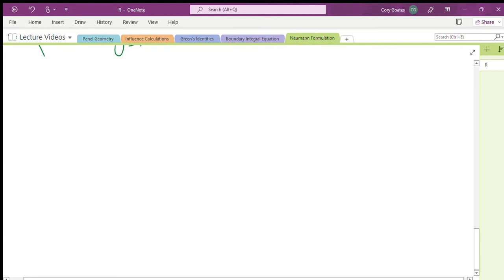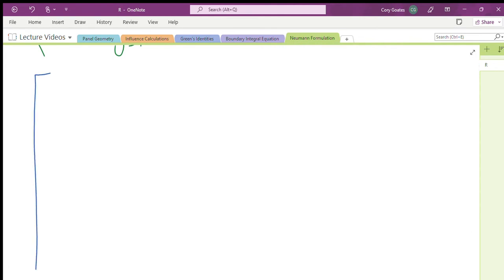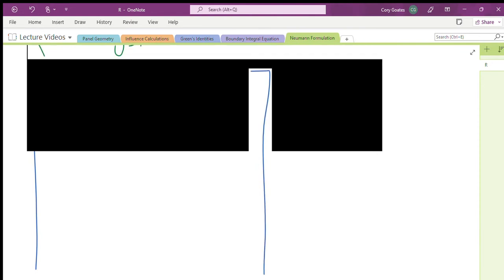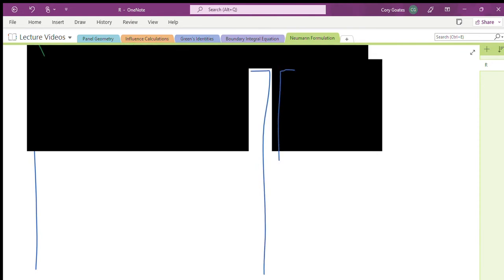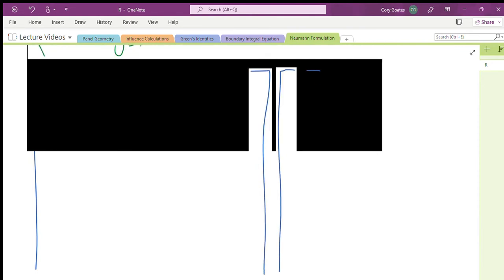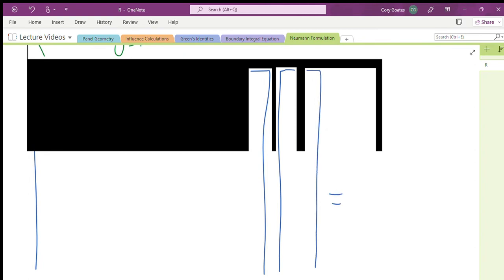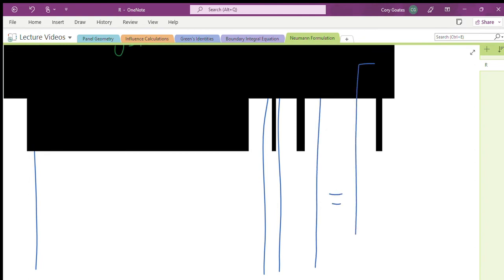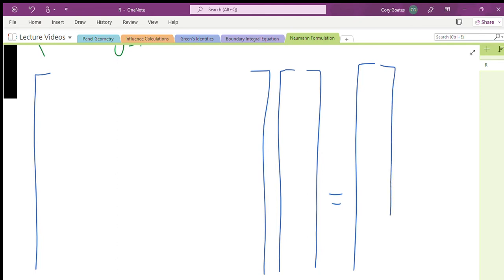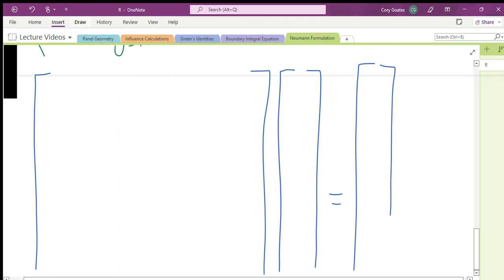So let's start off our matrix here. And for our first, the black squares of death have appeared again. There they go. Oh, that's going to be too small. I'll wait on that one.